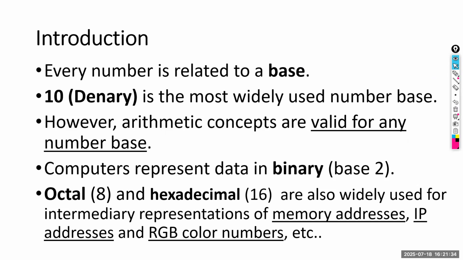So as I told you, especially in digital electronics, sometimes we use base 8, base 16 as well. So then someone might ask, why are we interested in base 8 and base 16 in computing and digital electronics? The main reason is 8 and 16 have a connection to 2.